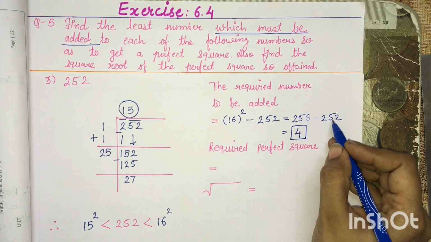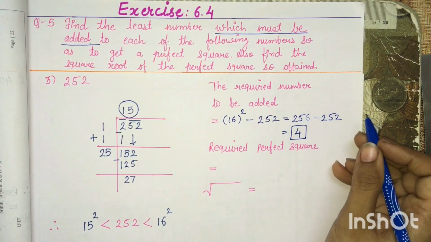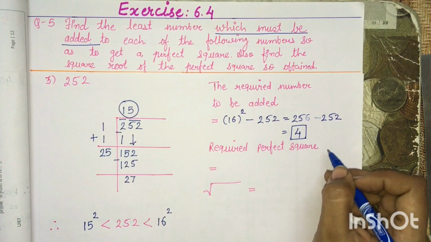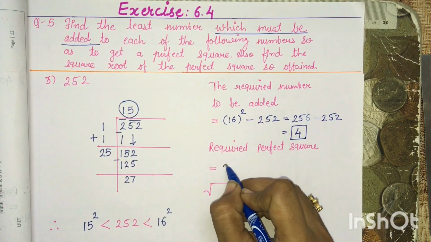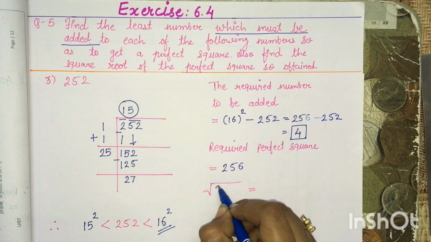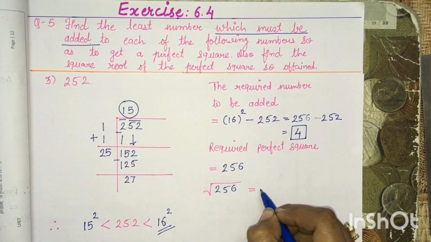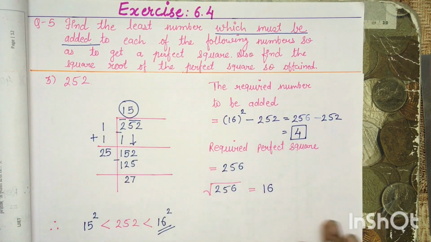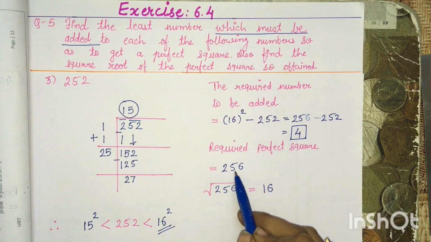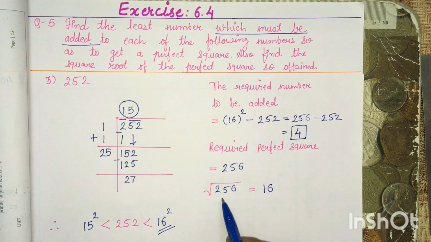If we add it to 252, the new number will be a perfect square, and the required perfect square will obviously be 256, that is the square of this bigger number, and the square root of 256 is 16. So the number to be added is number 4. The new number is 256, and the square root of the new perfect square number is number 16.